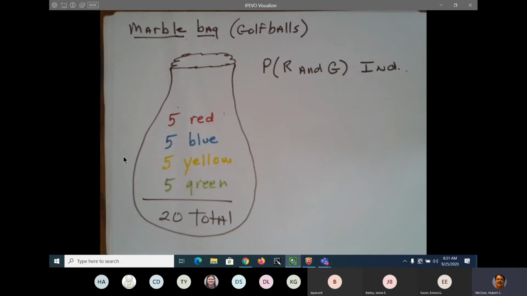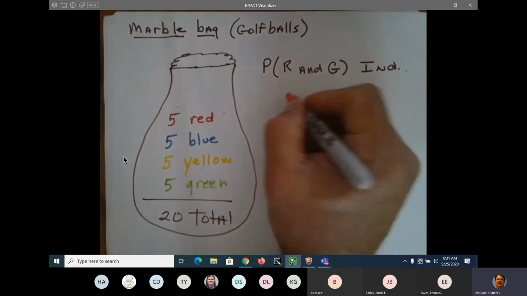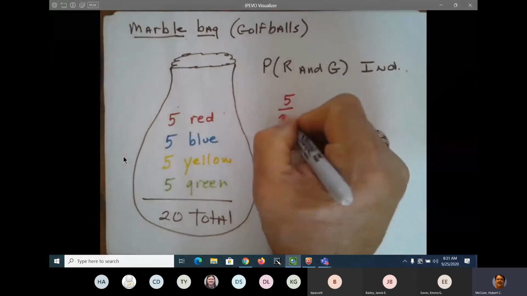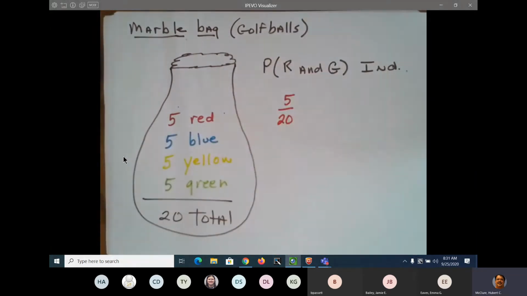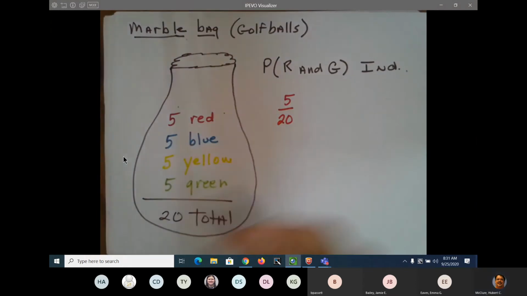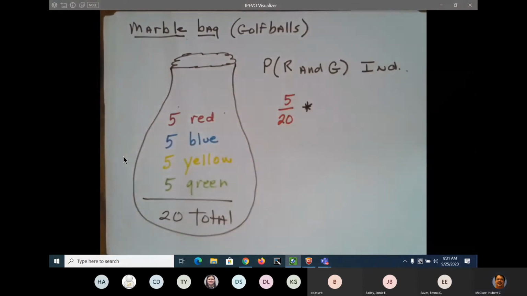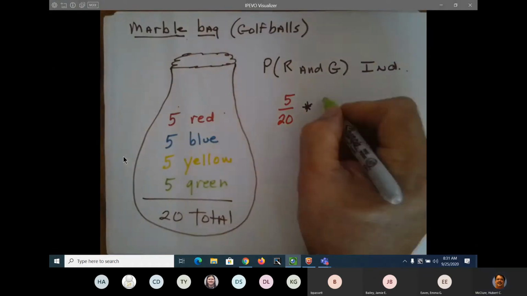Well, everything's going to be over 20, but I'm going to do it in 2 separate parts. So I'm going to do red. It's going to be 5 over 20 times green, which is 5 over 20.